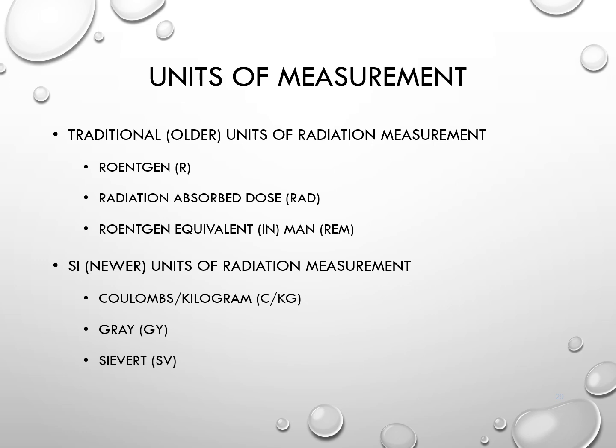And then today we are measuring based on coulombs per kilogram, the gray, and the sievert. And each one of these is correlated to the corresponding one on top. So a Roentgen is correlated with coulombs per kilogram. The radiation absorbed dose, or RAD, is correlated with gray, and the Roentgen equivalent in man, or REM, is correlated with sievert.